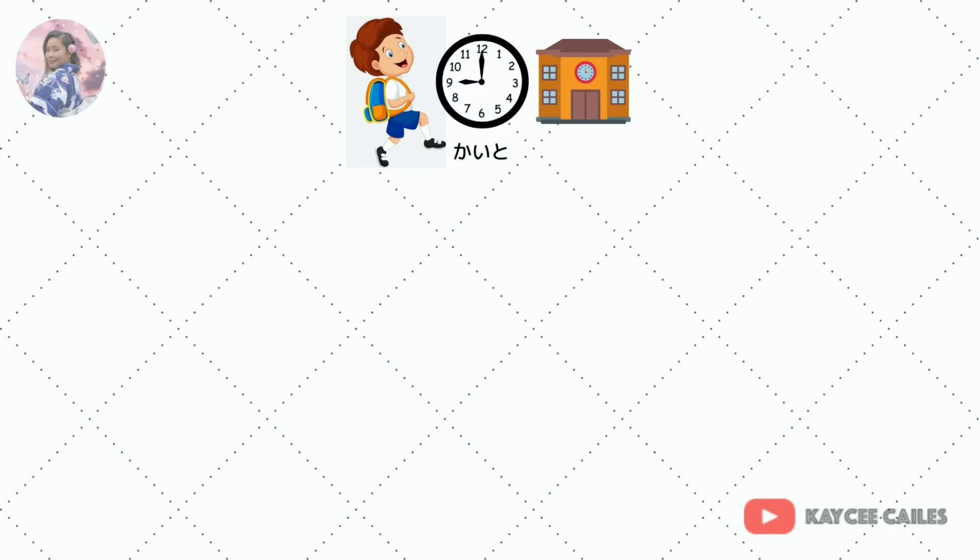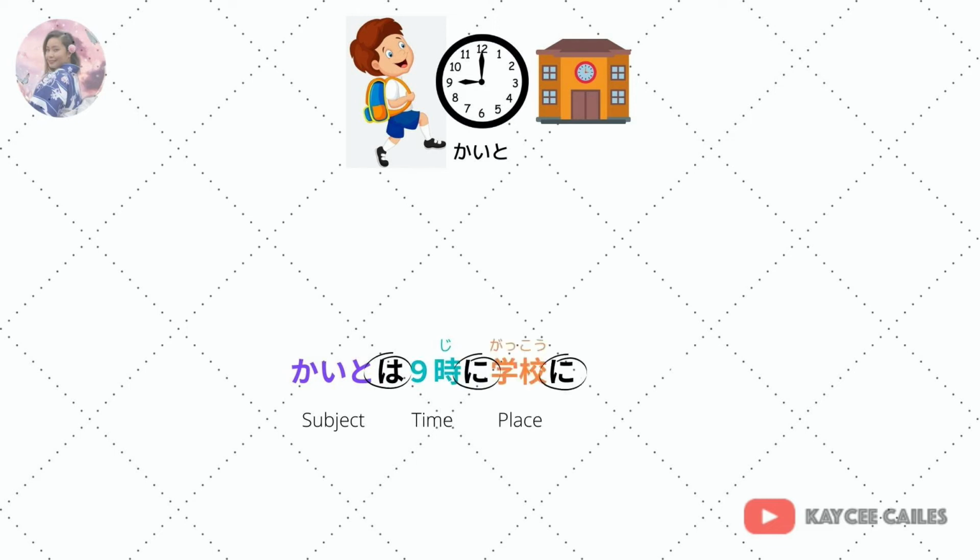So for this example, Kaito wa 9時に学校に行きます。Kaito goes to school at 9 o'clock.